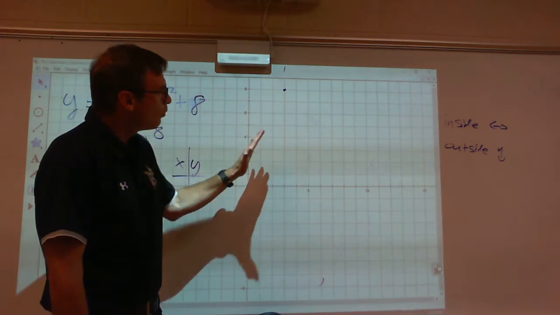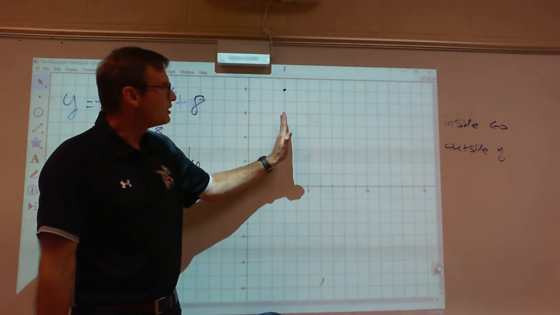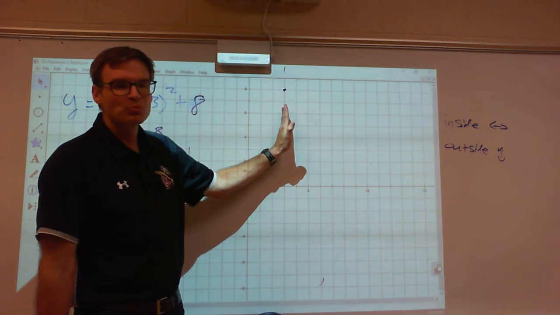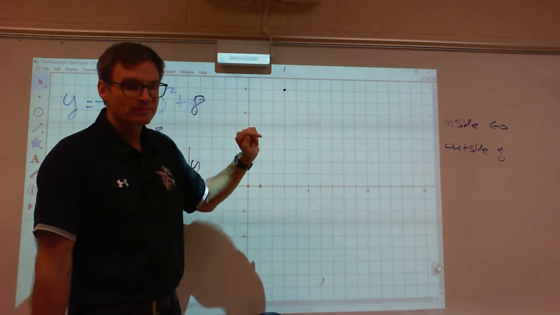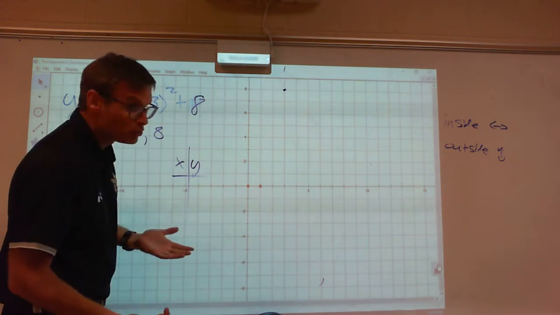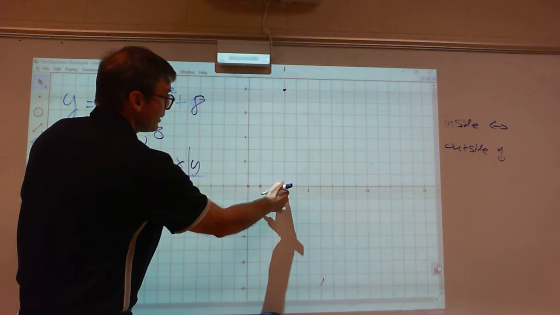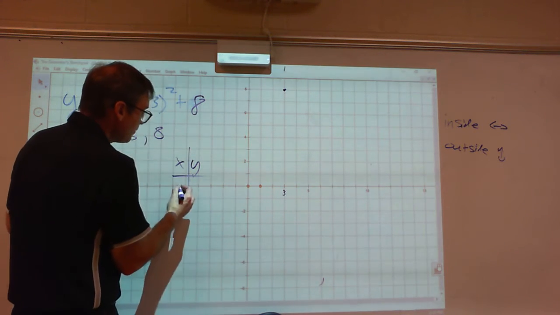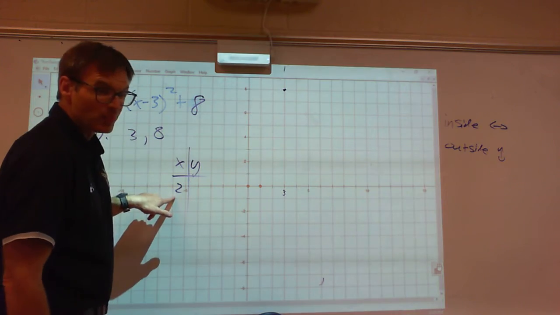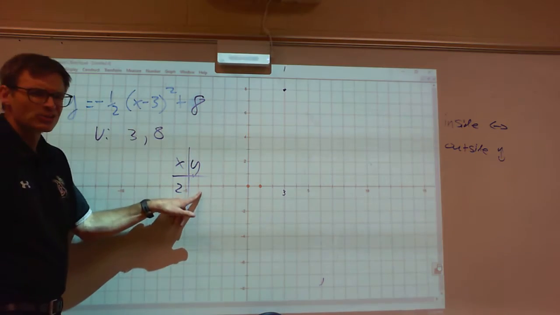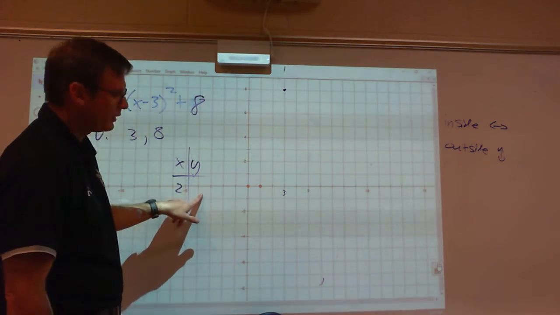But what you're going to find is your life's a lot easier if you pick an X value that's pretty close to the vertex. Now, as far as pretty close goes, if I'm sitting at 3, maybe I'd like to pick 2, but when I pick 2, the Y value doesn't turn out so nice, and that's not going to help you out in Khan Academy.